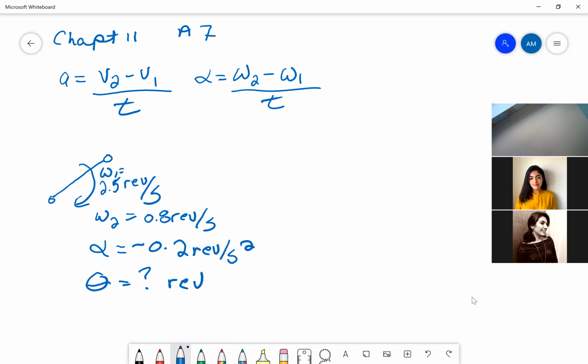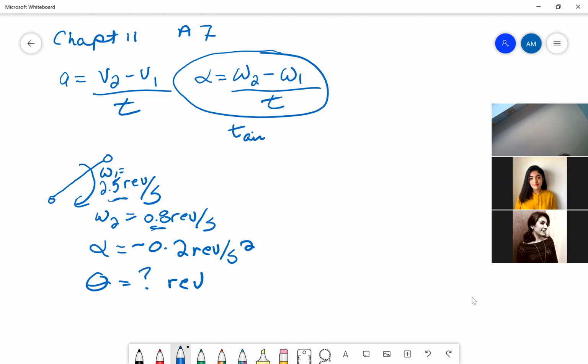So from this we could figure out the time in the air, because this is when they release it, this is when they catch it, and in between would be the time in the air. So let's just do it that way.